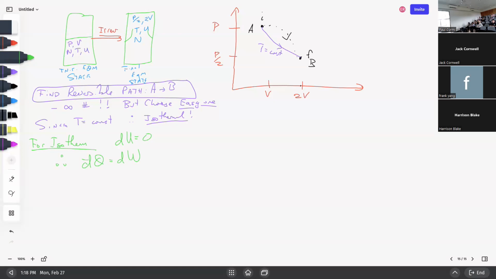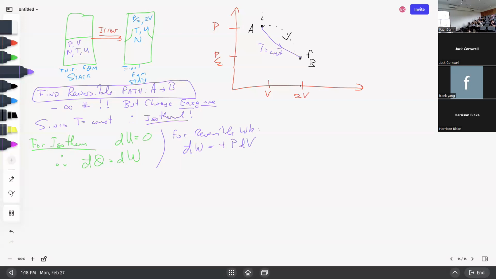So this means, and my work is going to be reversible. So for reversible work, I get d bar w is equal to plus p dV.